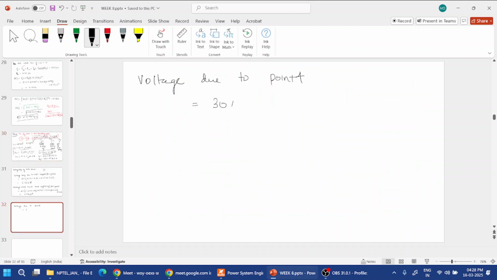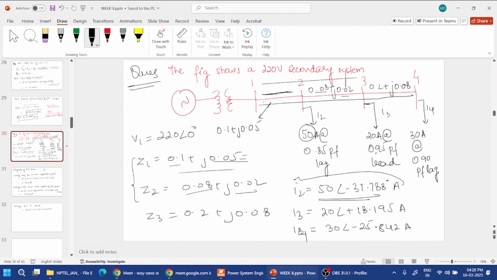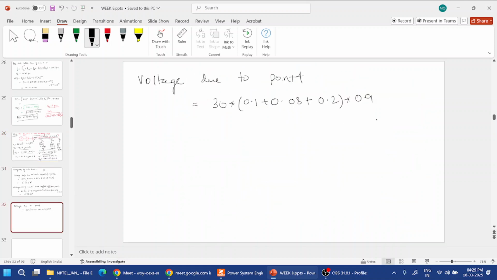So it will be 30 into Z1 0.1, Z2 0.08, Z3 0.2, multiplied by 0.9. The real part multiplied by 0.9 plus the imaginary part 0.02 plus 0.05 plus 0.08 multiplied by 0.435. It comes out to be 12.21 volt.